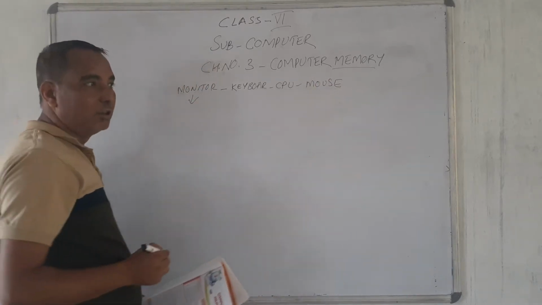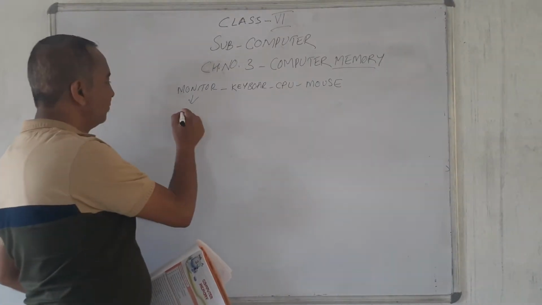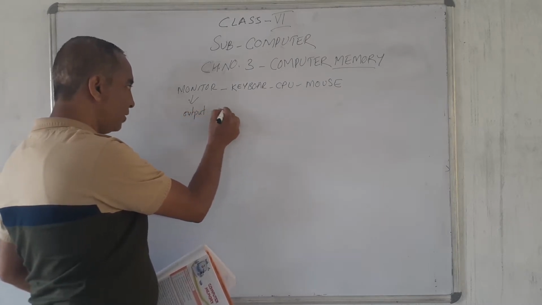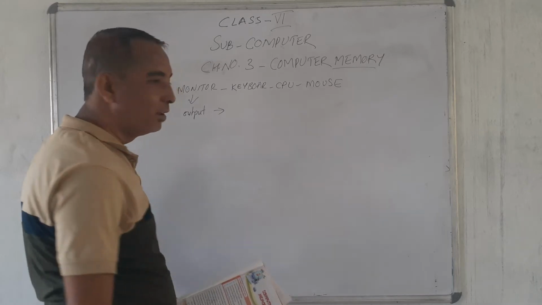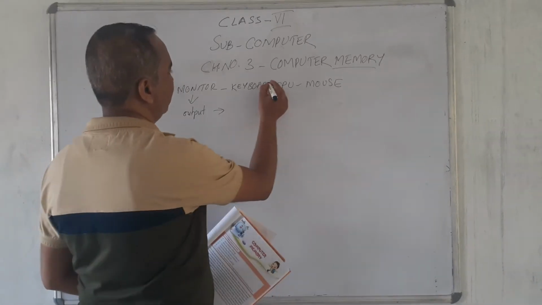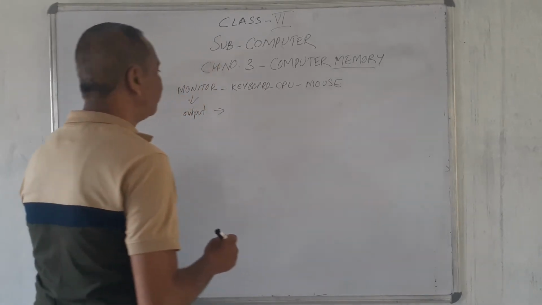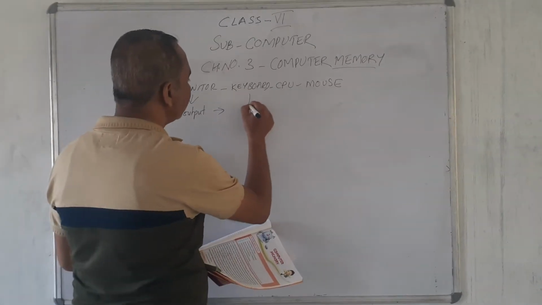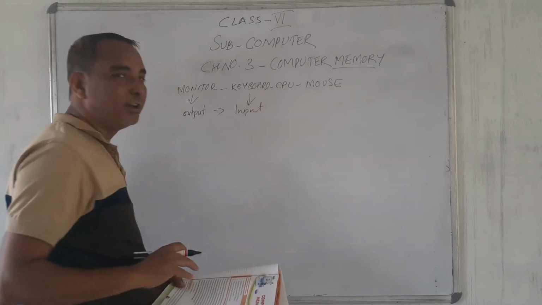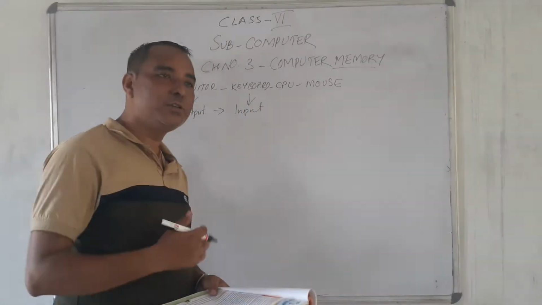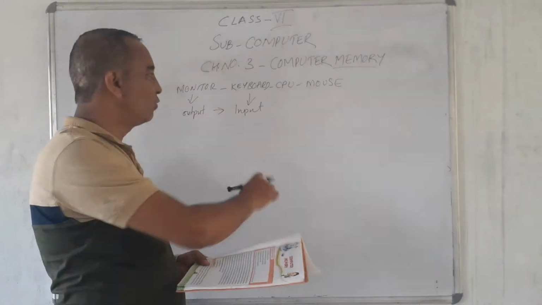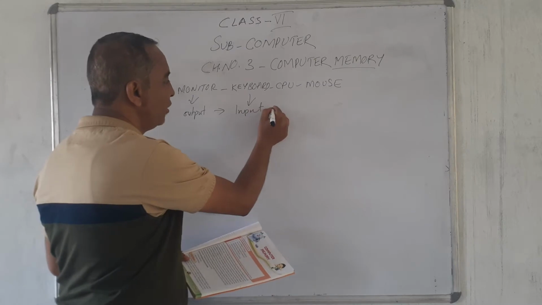Monitor we will say works as output. Why? Because it will display the result output for us, the work that we have done. Understood? And next thing, keyboard. Keyboard we will mention as input, because whatever instruction we have to feed to the computer, anything we have to write, we give through the keyboard. That is why keyboard is known as an input device.